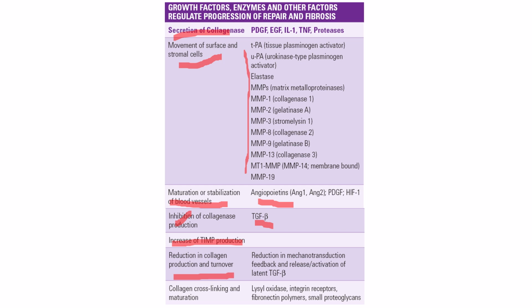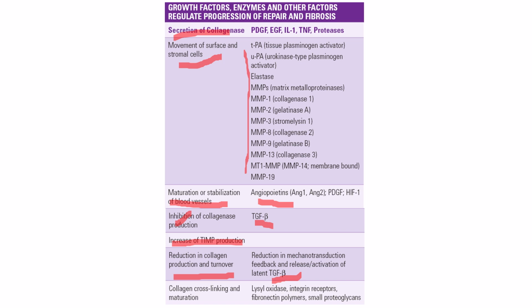There is reduction in mechanotransduction feedback and transforming growth factor beta release. Due to this, the extracellular matrix is stabilized by reducing the turnover and activation of latent growth factor.